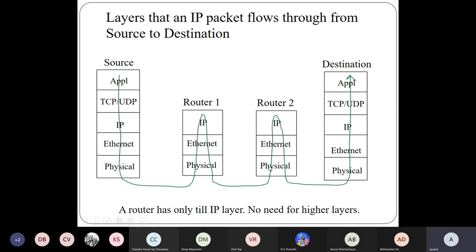It'll go through one or more routers. These routers have only up to the IP layer, because routers don't generate or consume data. Therefore, they have only up to IP layer implementations. There is no need for any higher layers. Then they further send it, and it finally reaches the destination machine, in which it gets all the way up to the application layer again. So recall that in the IP header there was a protocol field.